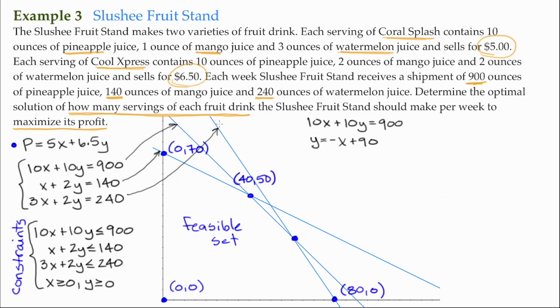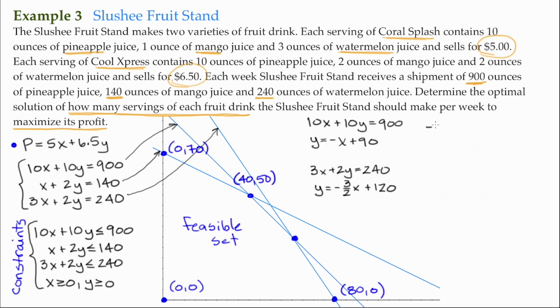And that's 3x plus 2y, that's equal to 240. We write this in the slope-intercept form, and that's y is equal to negative 3/2 x plus 120. We then make these two equal to each other and solve for x, then use that x to determine y.